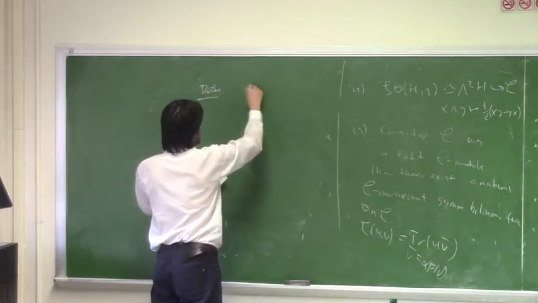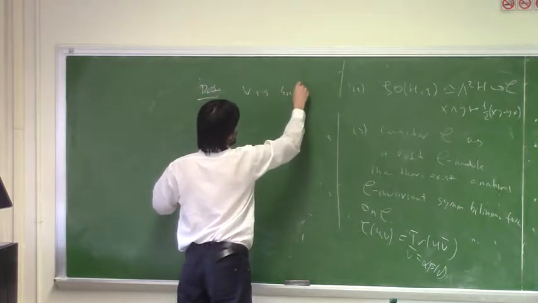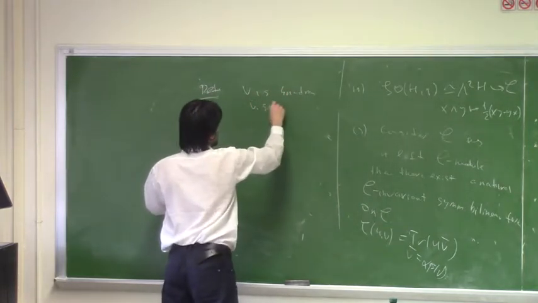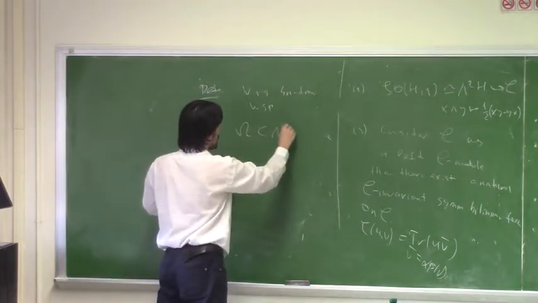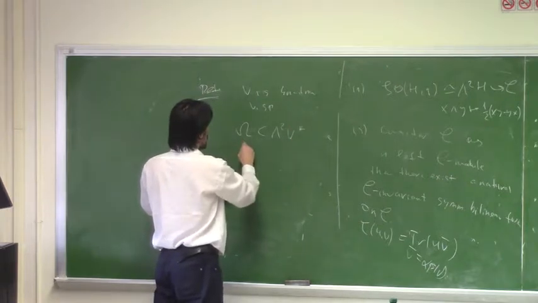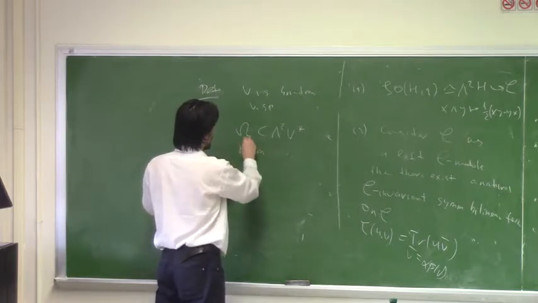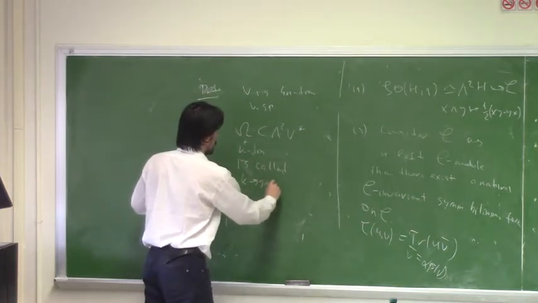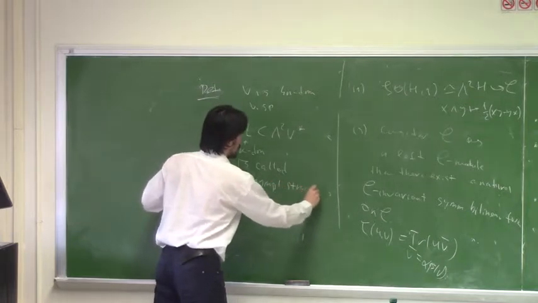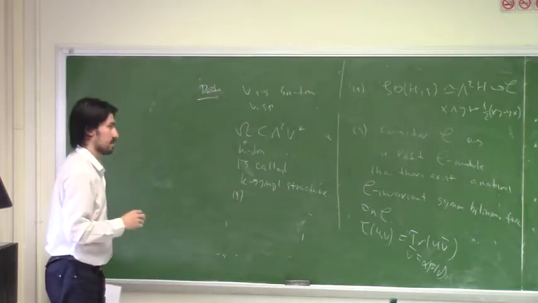So V is a 4n-dimensional vector space, and a k-dimensional subspace omega in lambda 2 V star is called a k-symplectic structure if the following conditions hold.